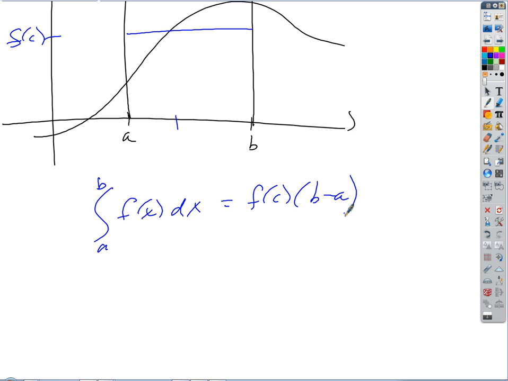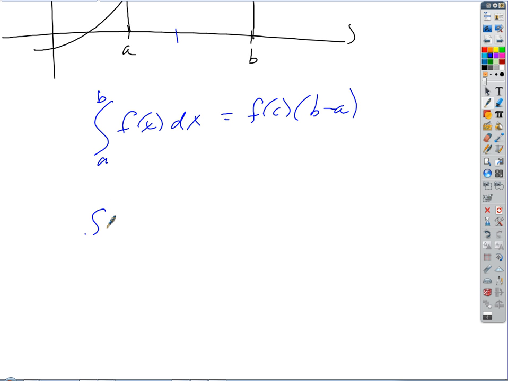Then we can define the average value of the function as the area under the curve, its definite integral, divided by the width of the interval.